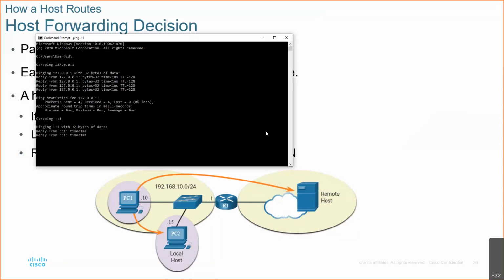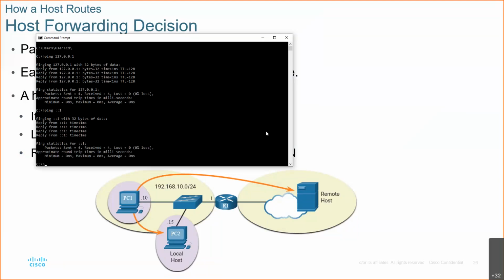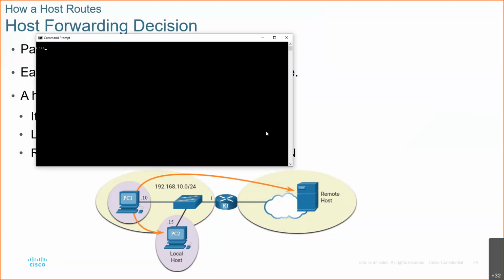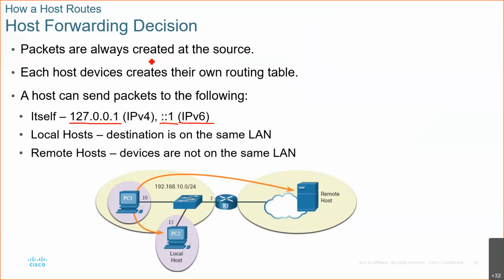Reply, reply, reply. I can also just type ping localhost. Reply, reply, reply. Localhost, that means you're talking about your IP version 6. The command would be ::1. So my PC, the TCP IP, everything is perfect. It's working. That's how you check.